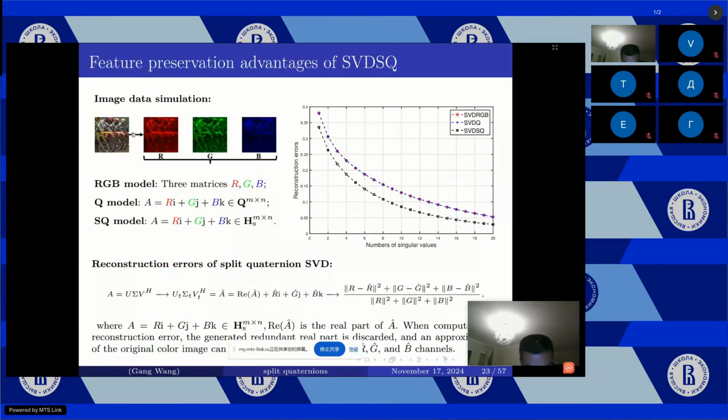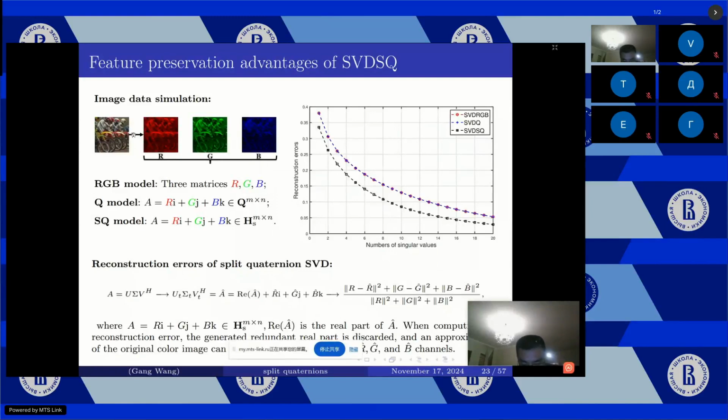The second set of experiments focuses on the feature preservation of SVD. We used randomly selected color images to construct traditional RGB models, quaternion matrix models, and split-quaternion matrix models, performing SVD on each.